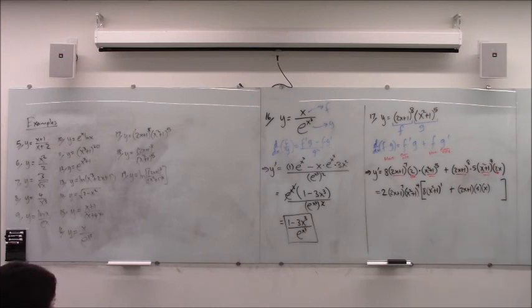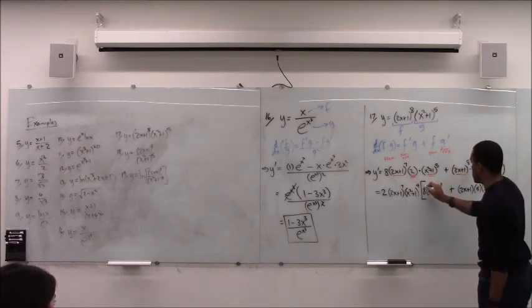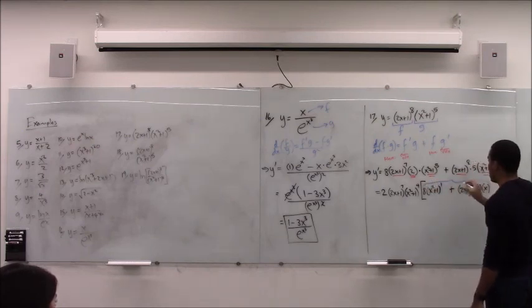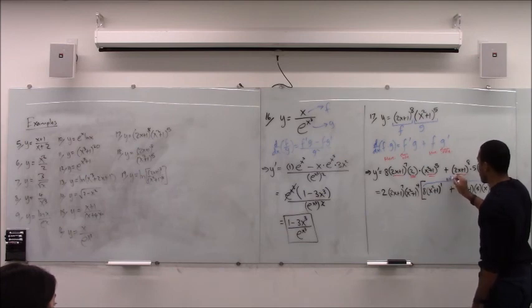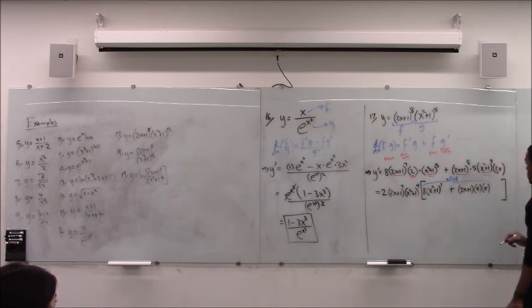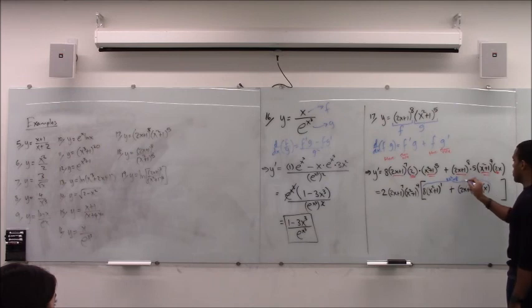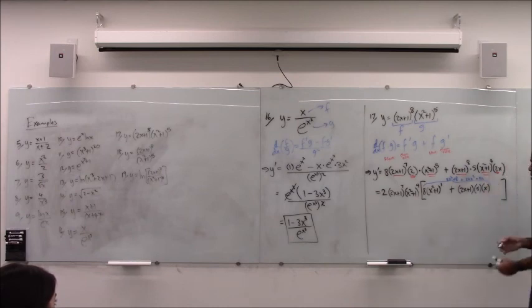Now, of course, inside here, I can clean this up a bit. What's in here? This is going to be 8x squared plus 8. This here is going to be 20x squared plus 5x.